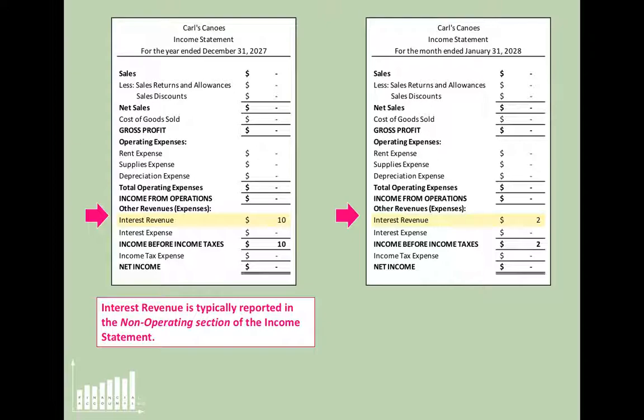Now, this all again goes back to revenue recognition, because we have to record revenue when it's earned. $10 of the revenue was earned in 2027. $2 of the revenue was earned in 2028. So by recording these entries in this way, we abide by revenue recognition.